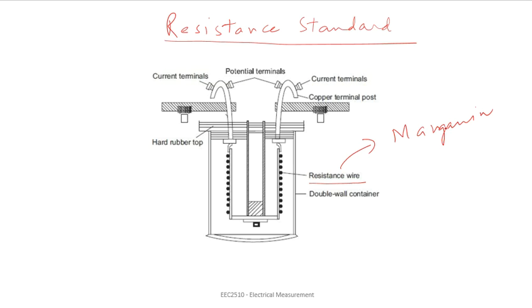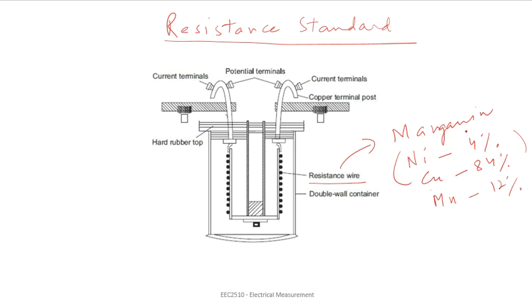If we talk about the composition of this alloy, it has nickel 4%, copper 84%, and manganese 12%. So you can see that most of the content is copper, but some amount of manganese and nickel is also present in this alloy.